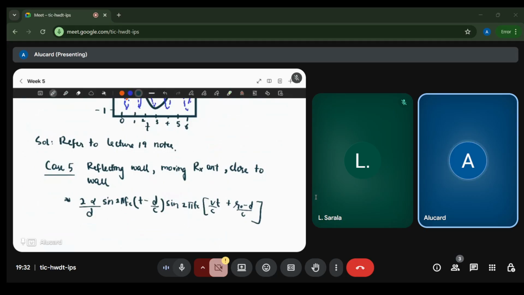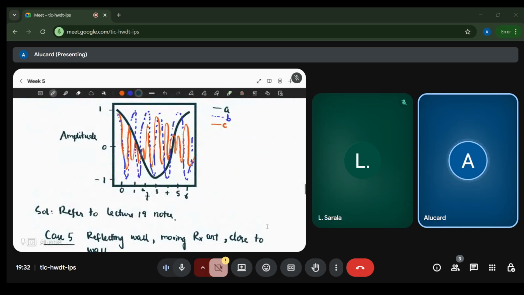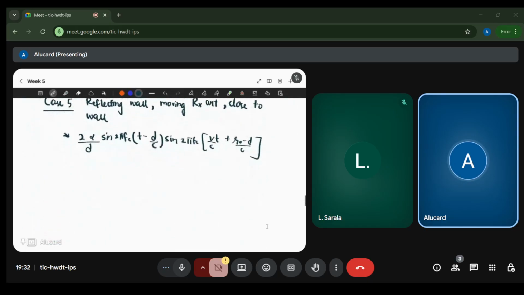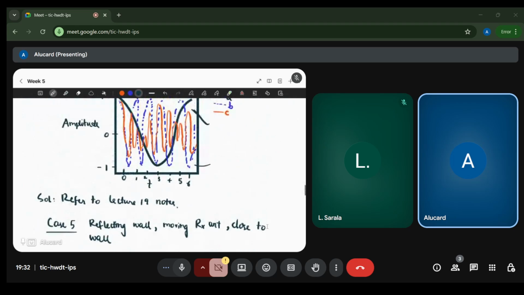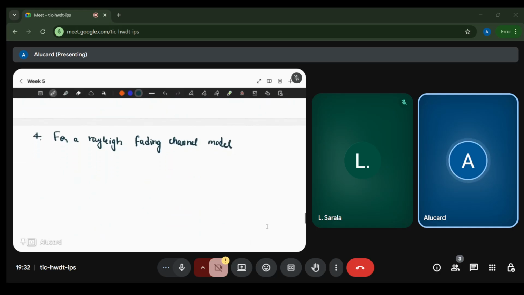You do some trigonometry, then you get a received signal of the form a sine multiplied with a sine. One of them is a slow moving sine, one of them is a fast moving sine wave, and your actual received signal is a product of those. If I tell you any more than that, I will have to tell you the answer directly.